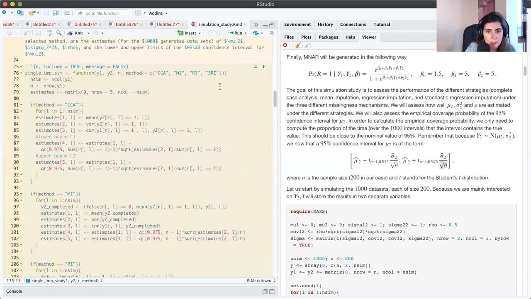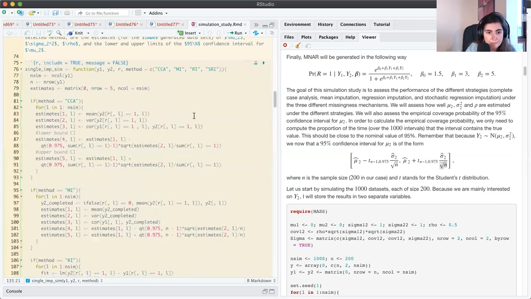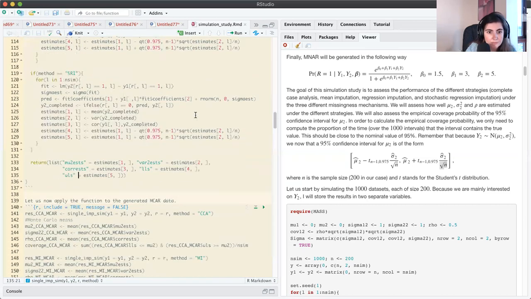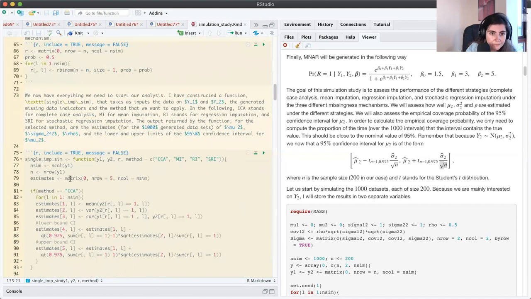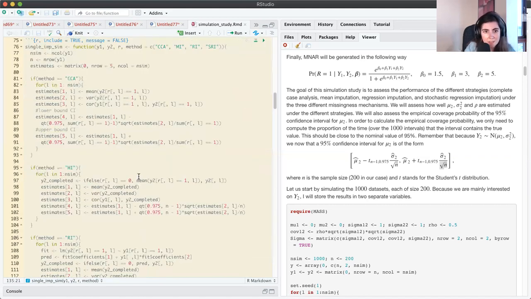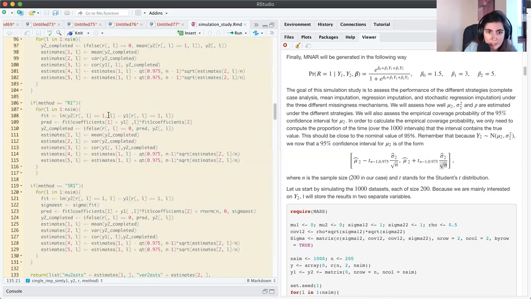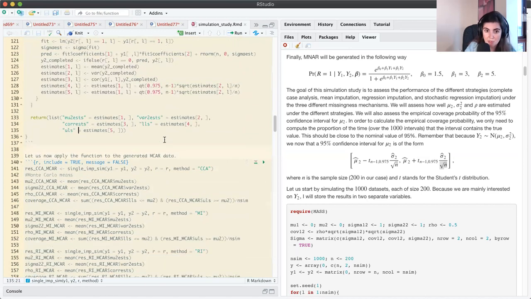Let's run it. And okay, I have created my function and I have called the function single_imp_sim. I mean, it's not only single imputation, we also have complete case analysis, but okay, you can rename it if you come up with a better name.